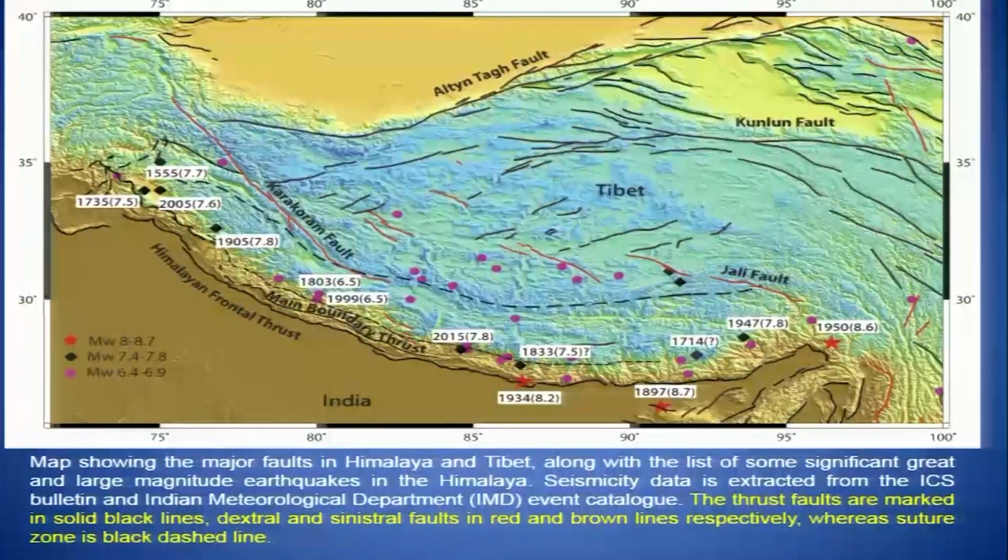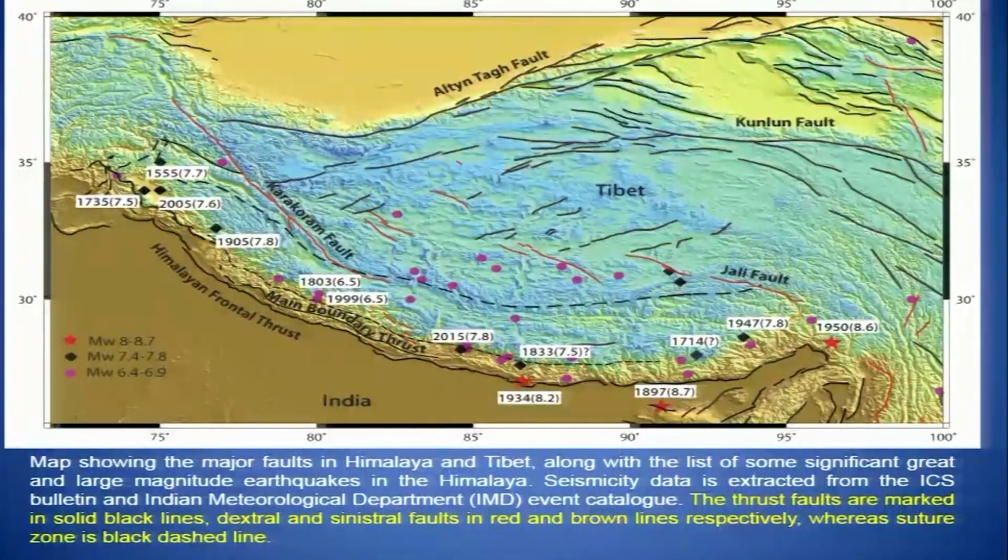Now, if you look at this map, which again has most of the historical as well as recent earthquakes, starting from the west side, you have 1735, 1555, and the recent Kashmir or Muzaffarabad earthquake of magnitude 7.6 in 2005, 1905, 1803, and then you have 1999.